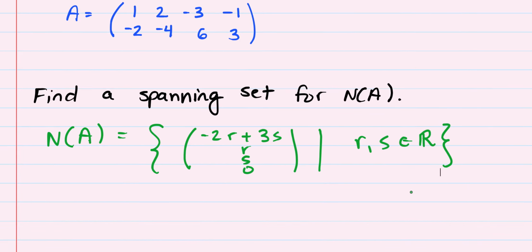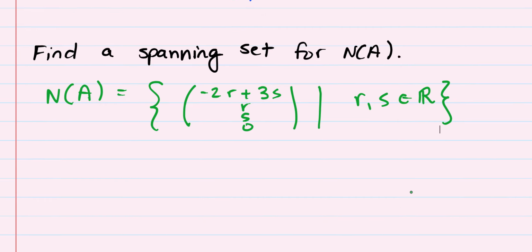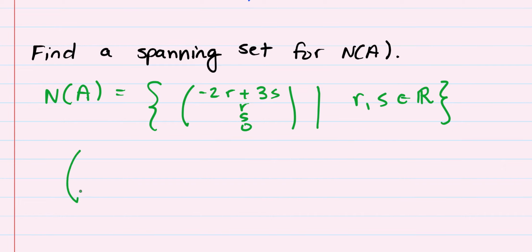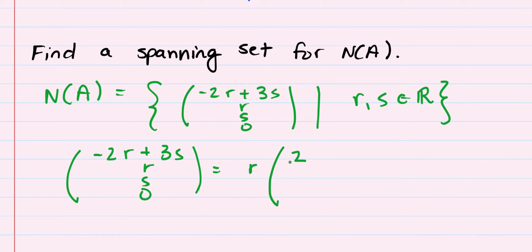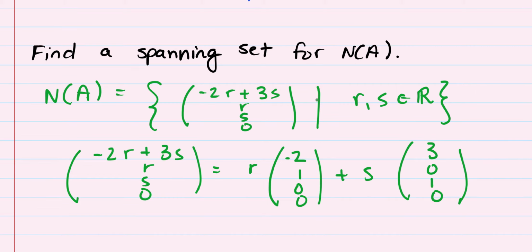Now we want to find a set of vectors such that when we take all linear combinations of those vectors, we get the null space. And let's do that. We're going to put negative 2r plus 3s here, r, s, 0. Notice that we can write this as r times negative 2, 1, 0, 0, plus s times 3, 0, 1, 0. Do you agree?